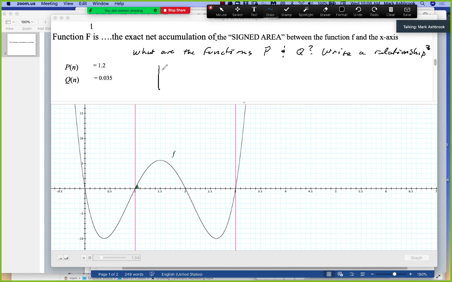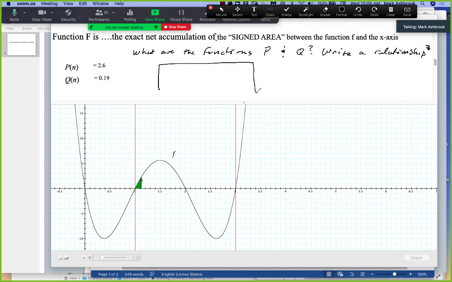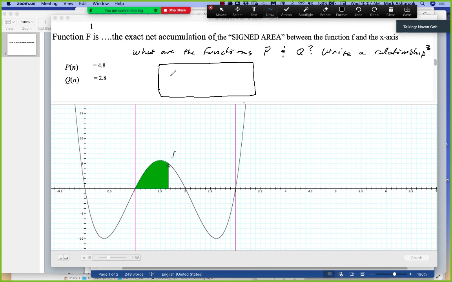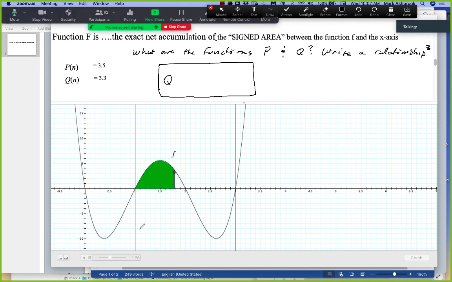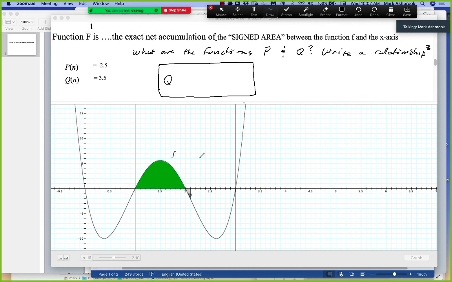Could we write a mathematical statement that brings p and q together? What would we write? Q of n equals. So n is the current value. We want to write a function for all values, so x. Q of x equals the exact net accumulation.